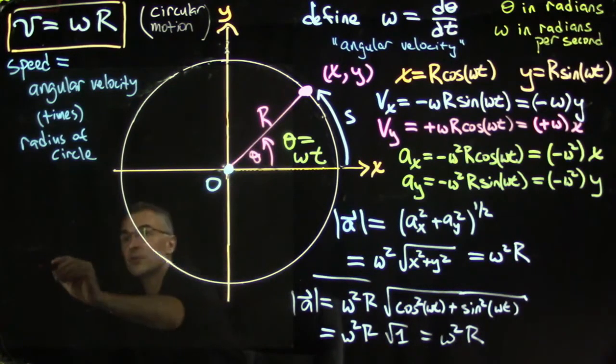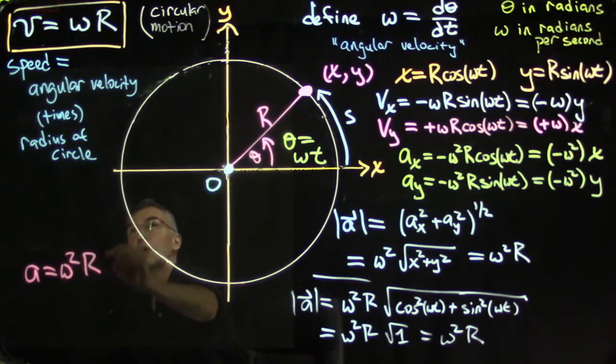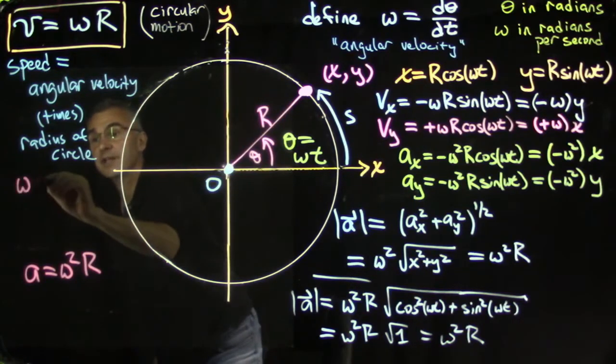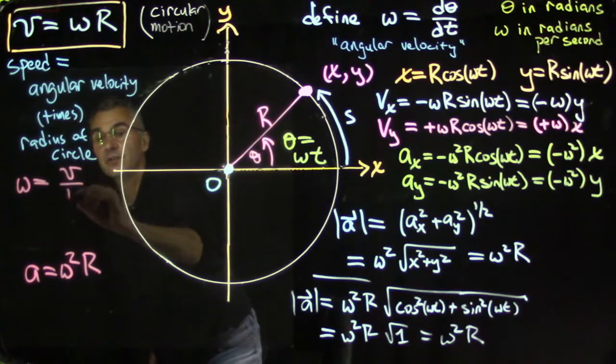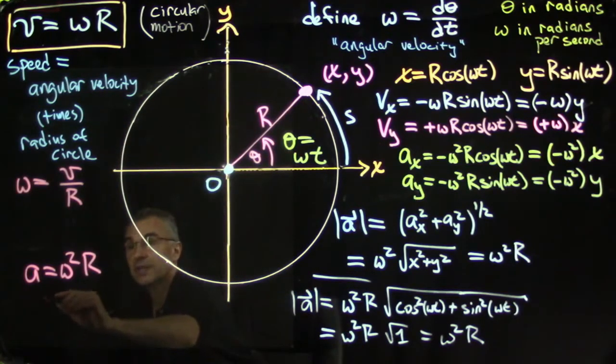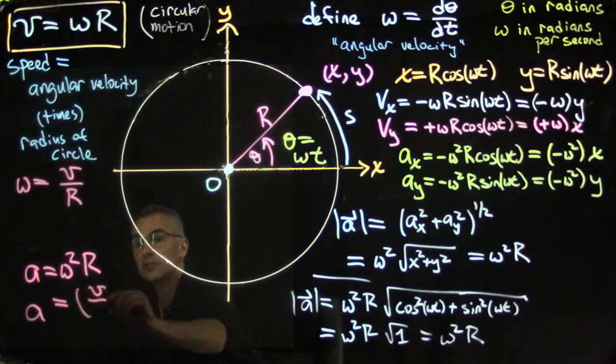There's a more familiar way to write that. So we said that a is omega squared r, but we can take this result and solve it for omega. We get omega is v over r if we're moving in a circle. So then we get the acceleration is v over r, squared, times r.